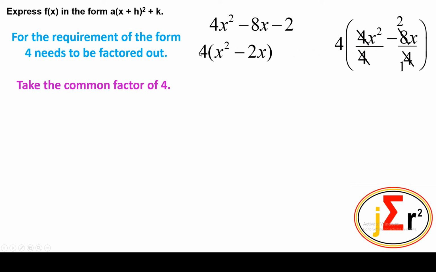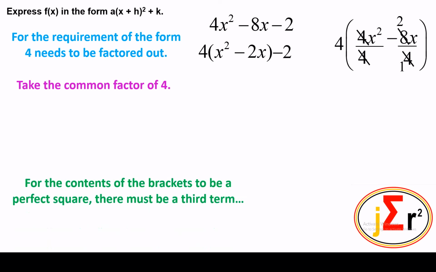After taking the common factor of 4, the factor inside of the bracket will be x squared, and of course negative 2x. Do not forget, this term, negative 2, will also be included. When we are completing this square, we need to maintain the integrity of the expression, ensuring that what we start with is what we end with in terms of the value.